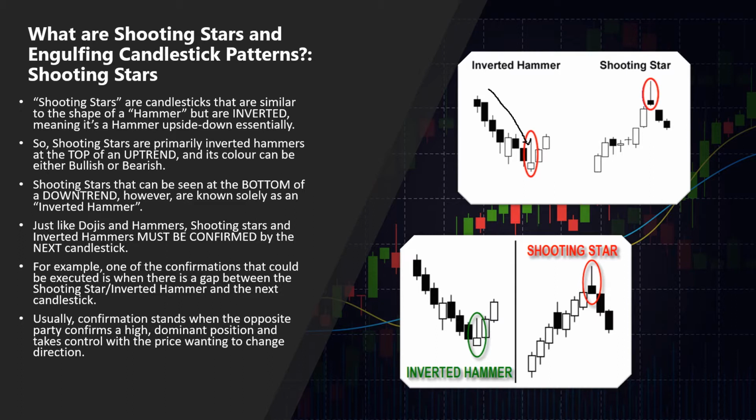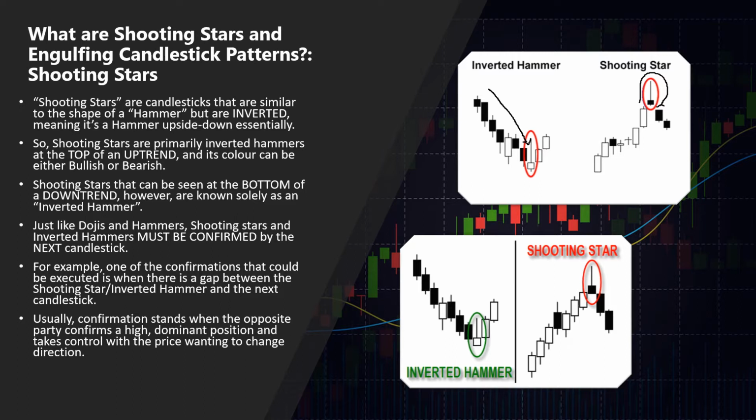The other one on the right hand side here is a shooting star. Shooting star normally appears on the top of an uptrend, the end of the uptrend. So when you see this, it indicates a reversal candlestick or reversal signal.